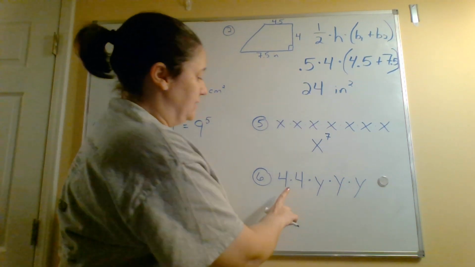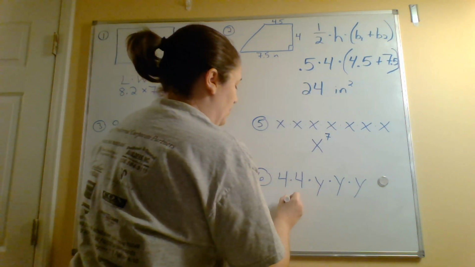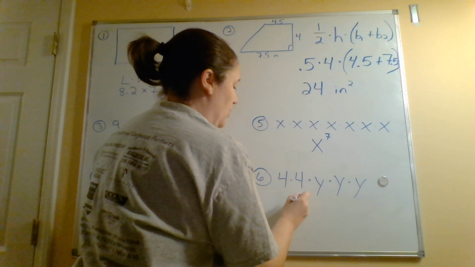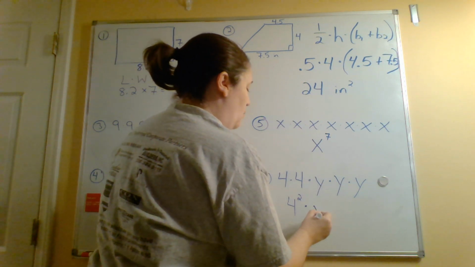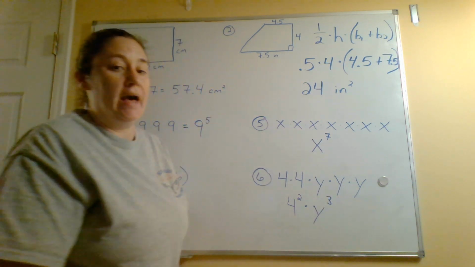For number 6, 4 times 4 times y times y times y. We write down the 4, and we have 2 of them. So that's 4 to the 2nd power times, write down the y, and there are 3 of them, y to the 3rd power.